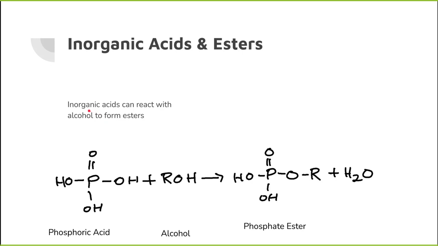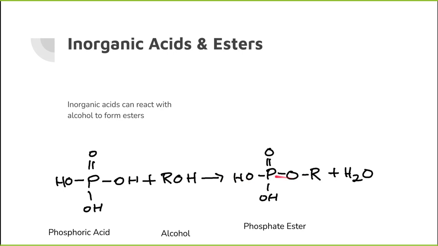All right, inorganic acids can react with alcohol to form esters. So again, this is a very important one in body chemistry. You have phosphoric acid. So here's a phosphorus surrounded by 3 hydroxy groups and then a double bond oxygen. This is phosphoric acid. It will react with an alcohol, and this R will replace this H here.